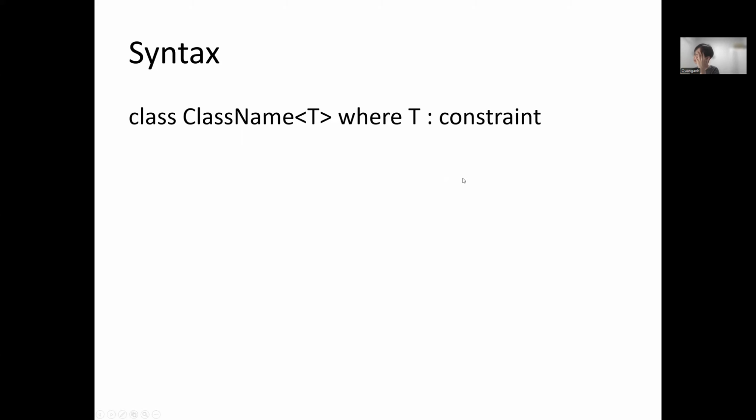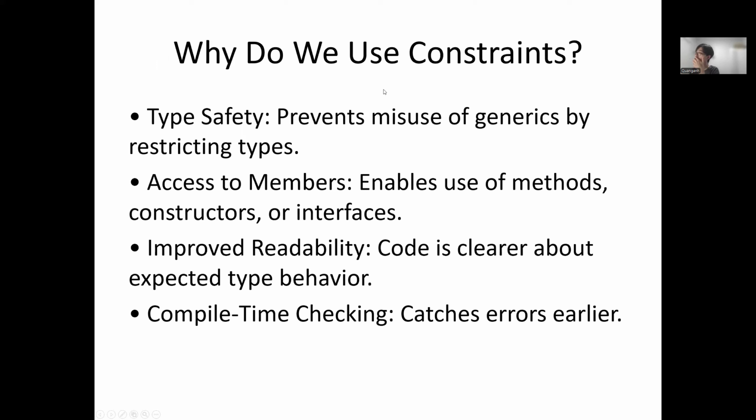That's why we add a constraint for the T. The reasons we use constraints are, as I already said, type safety, which prevents misuse of generics by restricting the type and access to members. It enables use of methods, constructors, or interfaces of your person class as the key value for your generic class, and also improves readability. The code will be cleaner about expected type behavior, and compile time checking catches errors earlier.